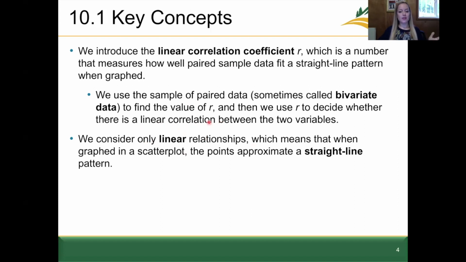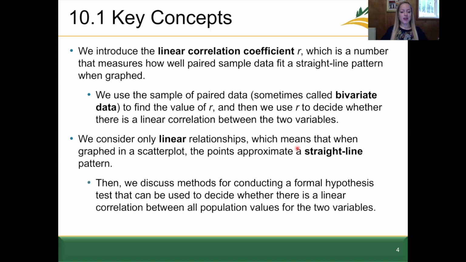We consider only linear relationships, which means that when graphed in a scatter plot, which we've done before in an Excel assignment, the points approximate a straight line pattern. Now you may have seen sigmoidal graphs, you may have seen logarithmic graphs. Again, here in 10.1, we're only focused on a linear relationship between our 2 variables in our data. And by linear, it means we're looking for a straight line pattern.